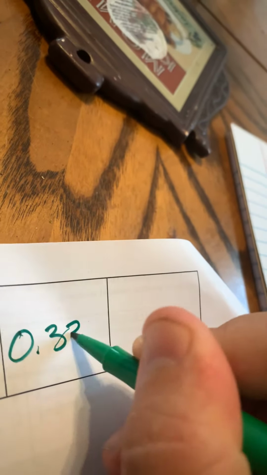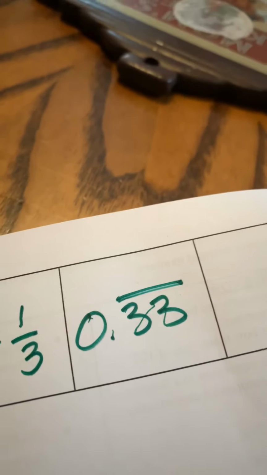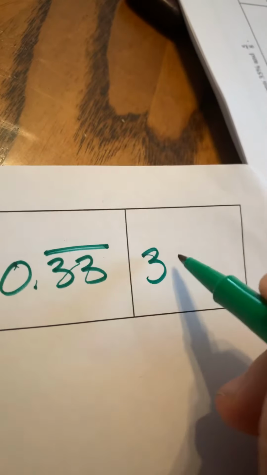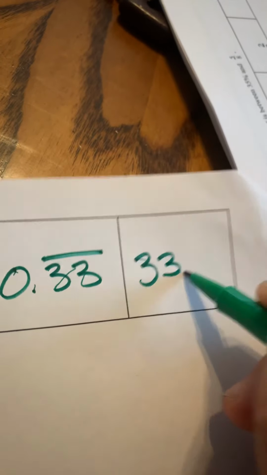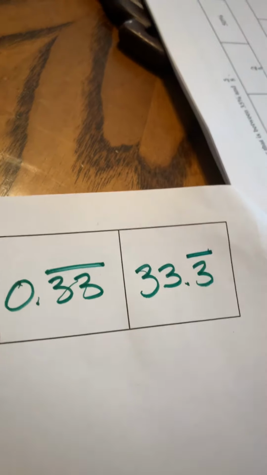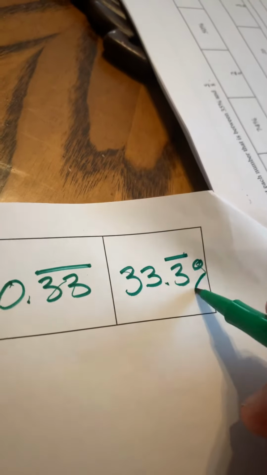So I'm going to go 0.33 repeating. Move this one 2 places to the left. So I'm going to go 33. I'm also going to go ahead and add in the next number because I know it repeats. Percent.